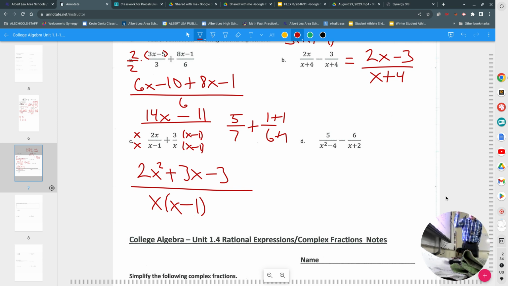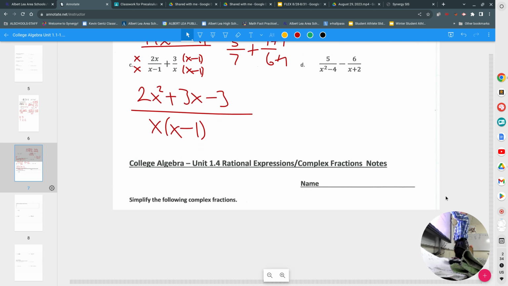But as you look at problem D, if we followed what we did here, we would want to multiply the top and bottom by x squared minus 4 over x squared minus 4. But that's not the right choice, is it? What do we multiply the top and bottom by if we don't multiply by x squared minus 4? X minus 2. Yeah, because as you glance here, you notice that the x squared minus 4, it does factor.